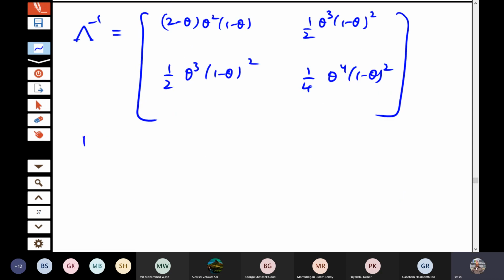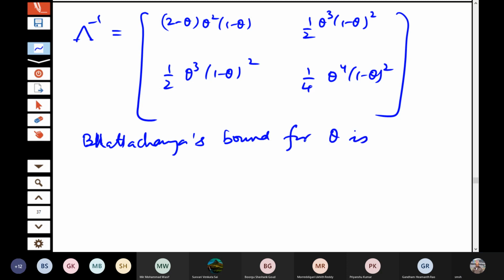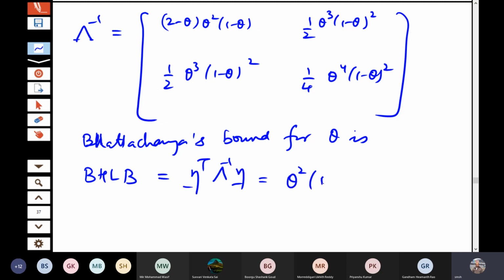So the Bhattacharya's bound, eta transpose lambda inverse eta, is equal to theta square (1 minus theta) into (2 minus theta).